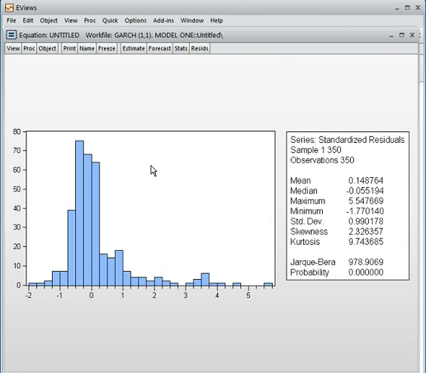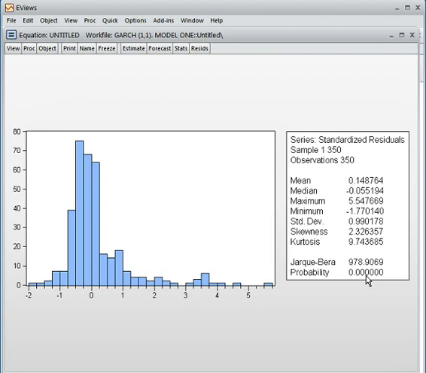Here we check the Jarque-Bera statistic and the corresponding p-value. What is the p-value? Less than 5%, right? So we can reject the null hypothesis.